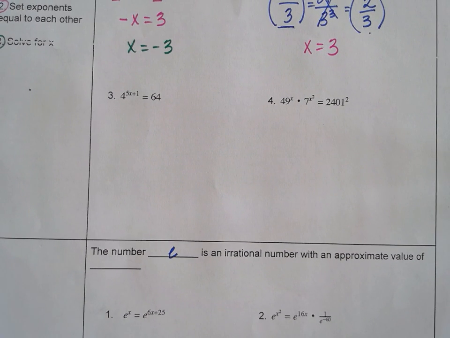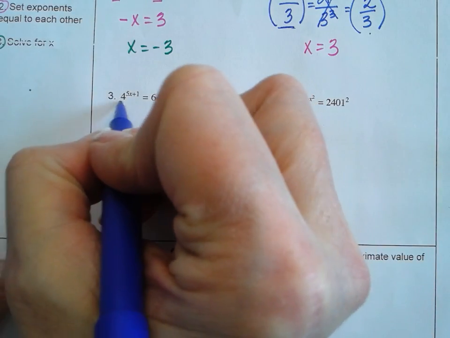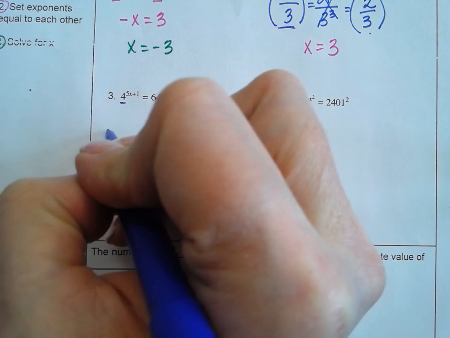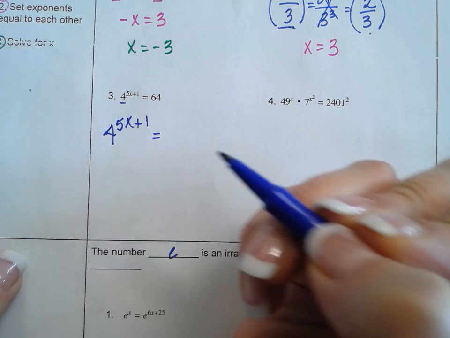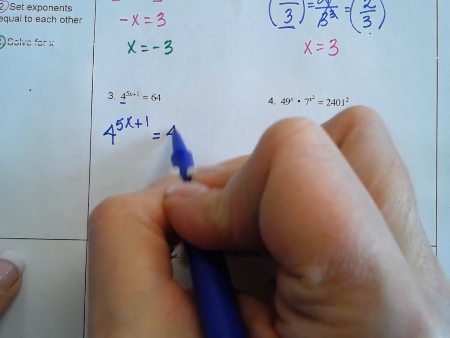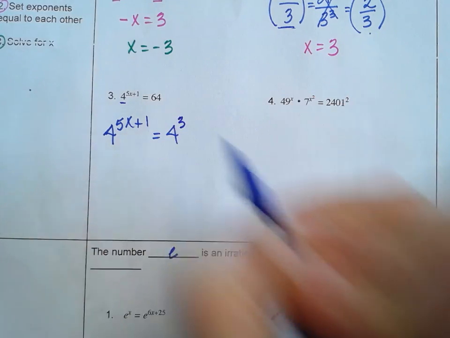All right, so the next one. We want the same base. So going with my smaller one, I'm going to have 4 to the 5x plus 1. How can I rewrite 64 with the base of 4? Four to the 3rd.